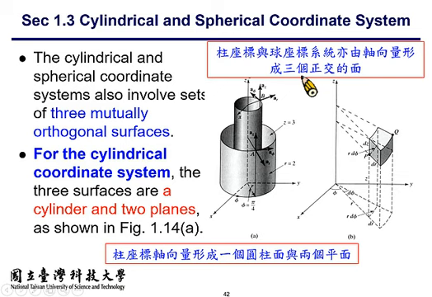Suppose the difference in phi is d phi, what is the speed of this one? That will be r1 d phi, and here it's r2 d phi.